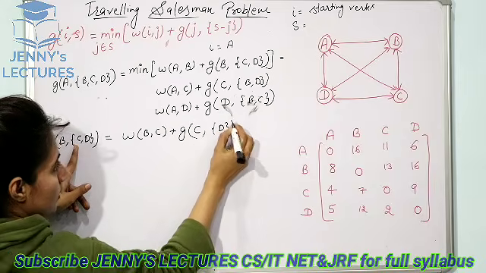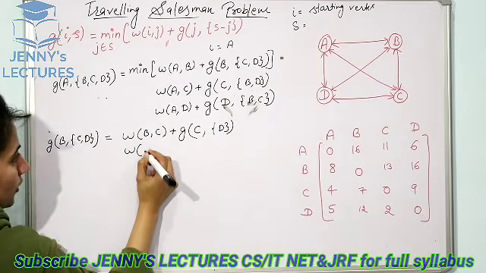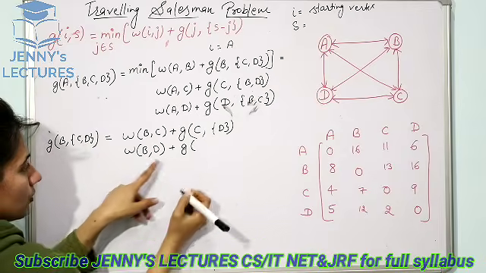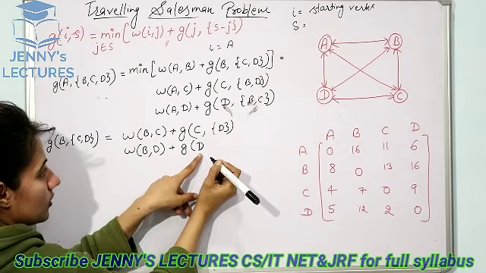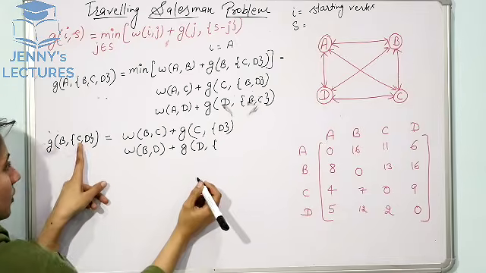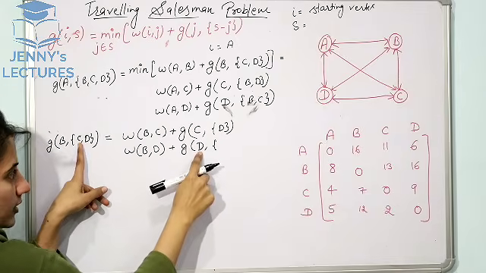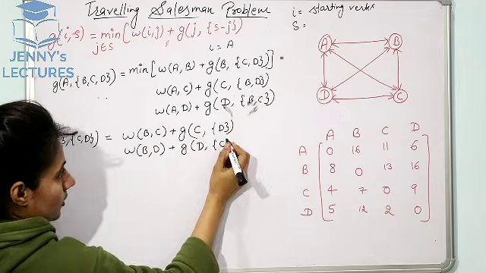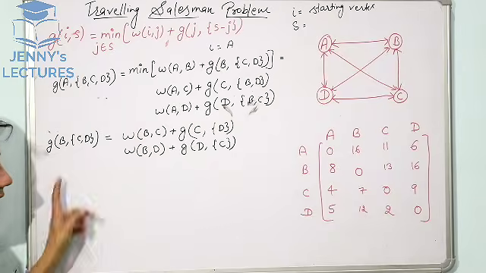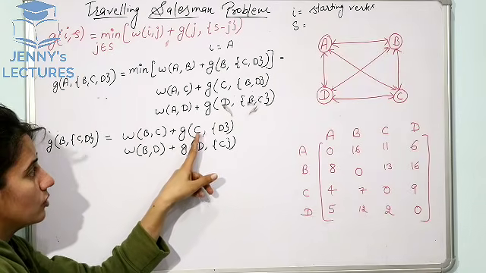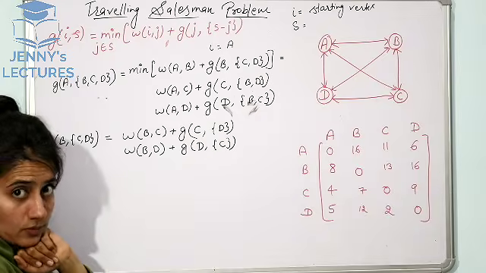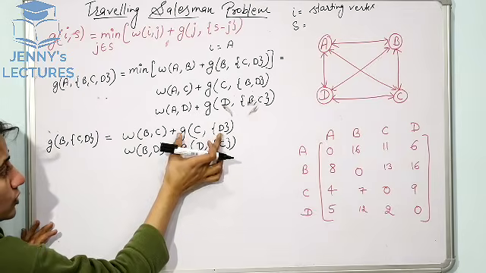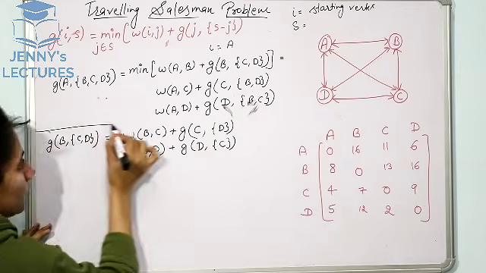Here you will write D. And the second option is weight of B to D. We have selected D plus G of D, and the remaining is only C. CD minus D. We have selected D, so the remaining is only C out of this set, S minus J. That would be this one. Now again we have one function, that is G of C and D. Okay. Now we have to solve this one, then we can get the answer. Now suppose I am taking this one, G of C and D.